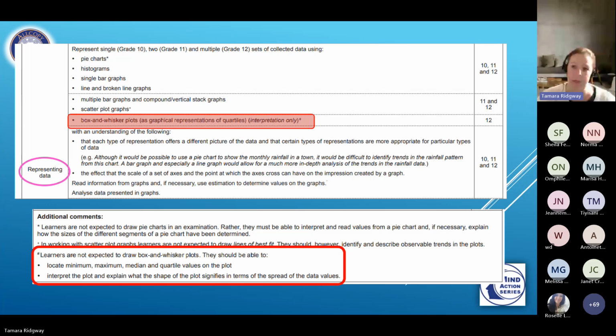Will I put it in my prelims or trials? No, not to draw one. But will I maybe ask them to fill in missing values? Absolutely. And they need to be able to locate those values and then interpret the plot and explain what the shape of the plot signifies in terms of the spread of the data values.